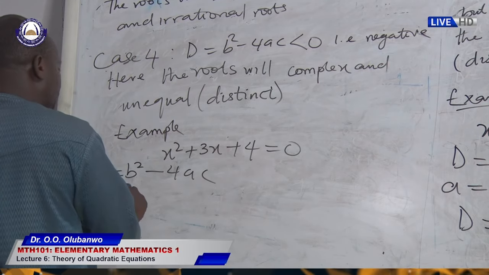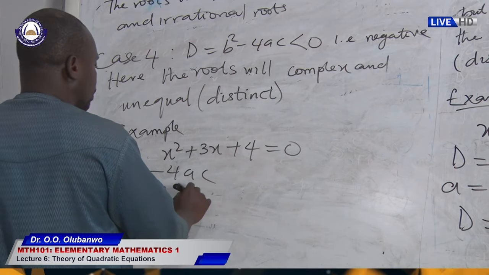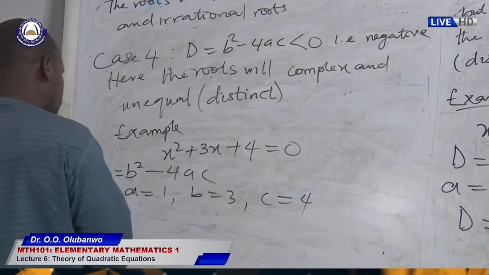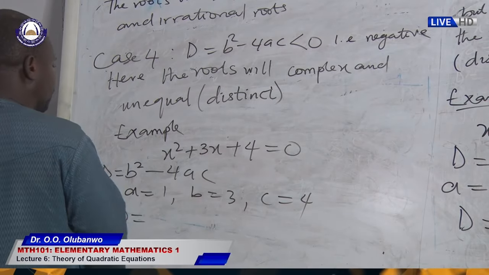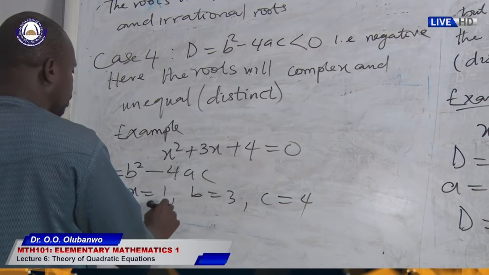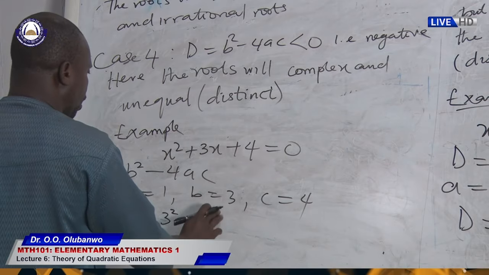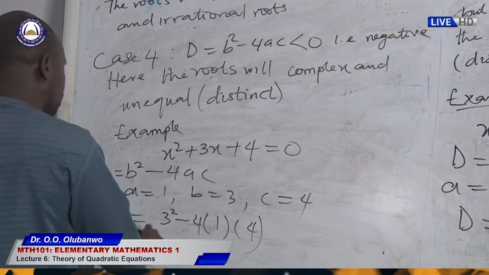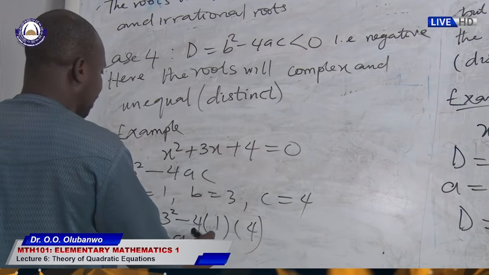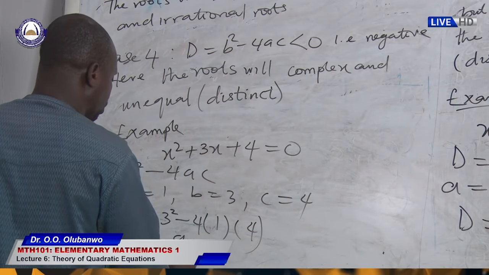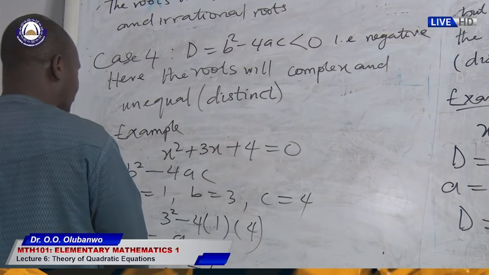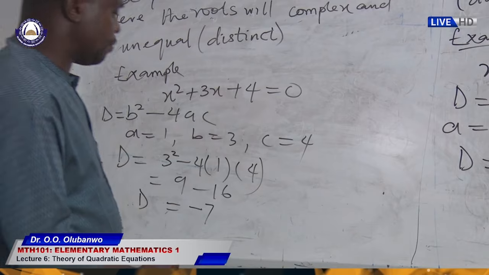Here, our a is 1, b is 3, c is 4. So our discriminant will be 3 squared minus 4 into bracket 1 into bracket 4, which is 9 minus 16, which is negative 7. Our d is negative 7.